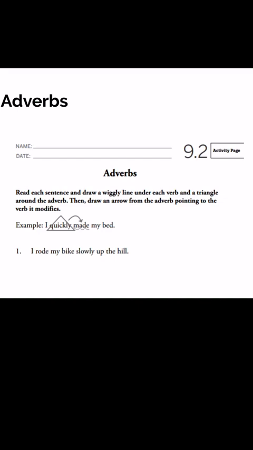What is the adverb? The word describing rode. If you said slowly, you are correct. So your triangle is drawn around slowly. And now where are you going to draw your arrow? You draw your arrow from your adverb to your verb. So from slowly to rode.